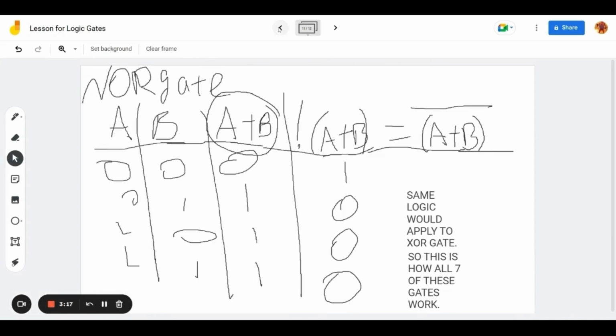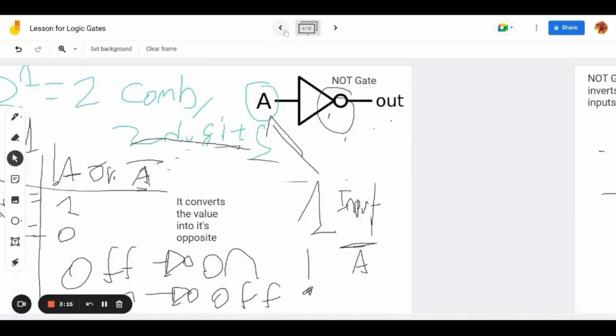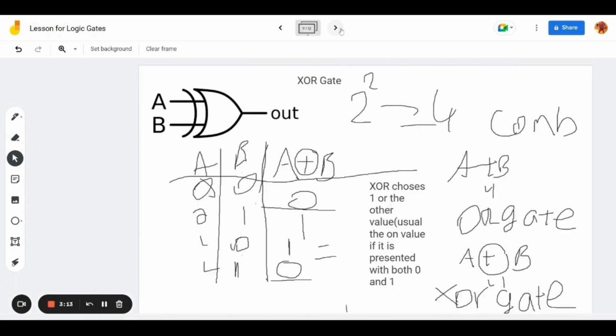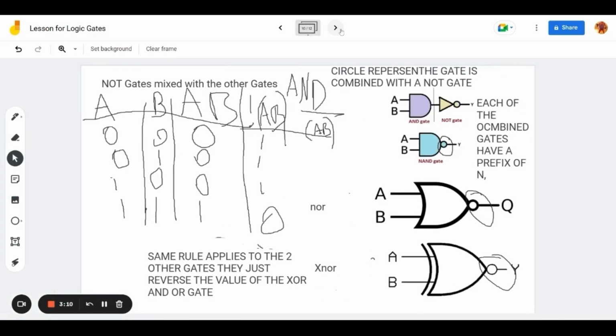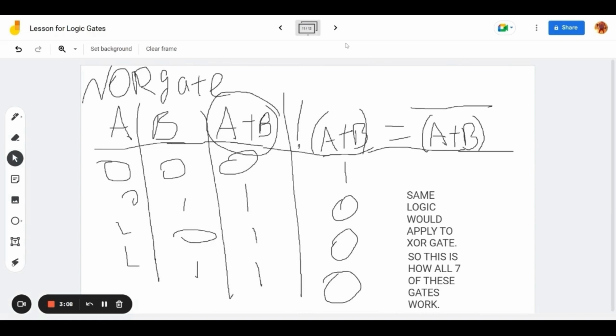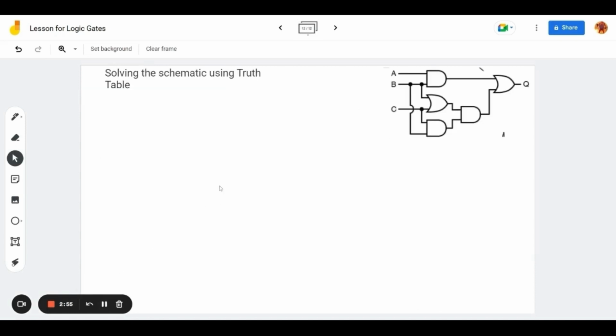Now we will be using this one schematic and solving it to show you exactly how a truth table works and how we can use our knowledge of what each logic gate does to solve the actual schematic and get the actual answer. As you can see here, we have three inputs.